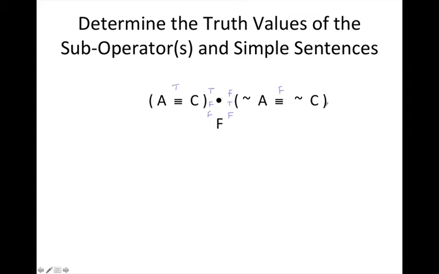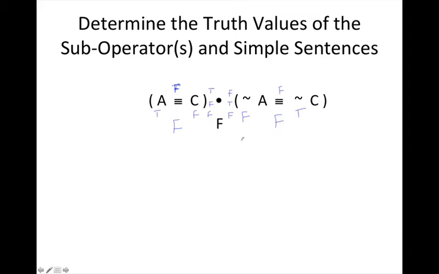So what if instead we make both of these false? Then we could have A be true arbitrarily and C be false, and that would get us a false triple bar. That would make tilde A false and tilde C true, and that would make triple bar false.